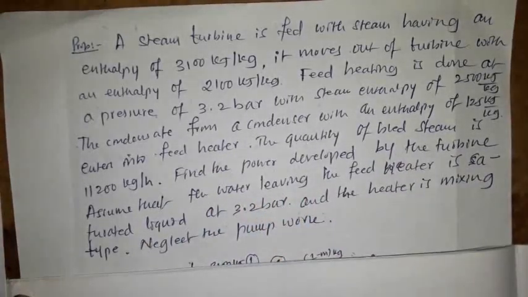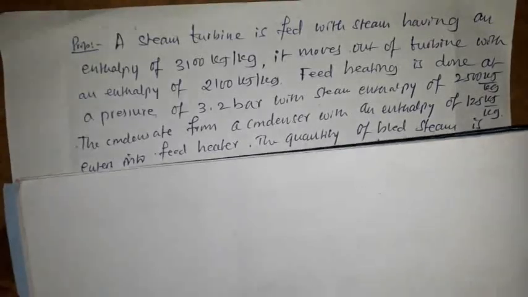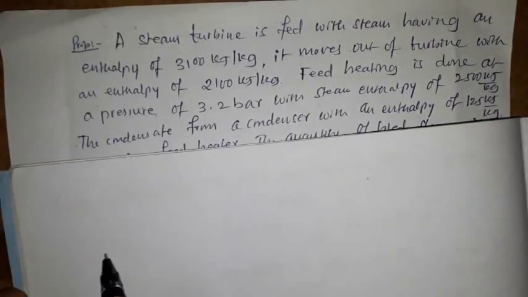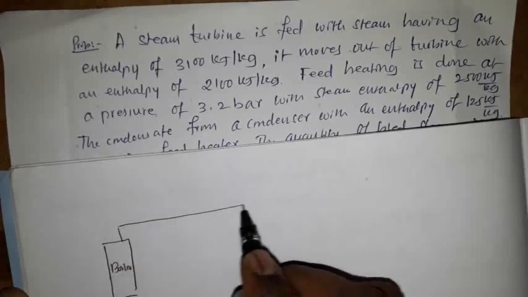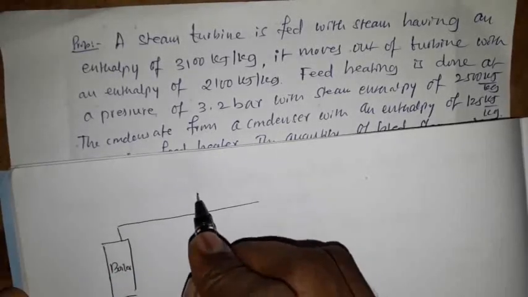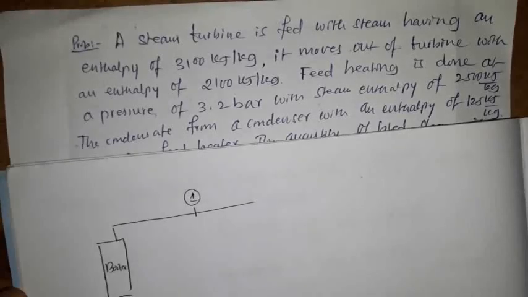In regenerative Rankine cycle, we know that we have the boiler. So from the boiler, we are taking out the steam at state 1.